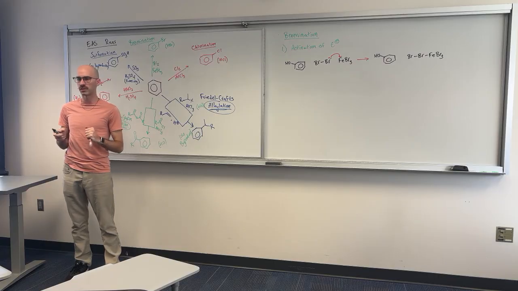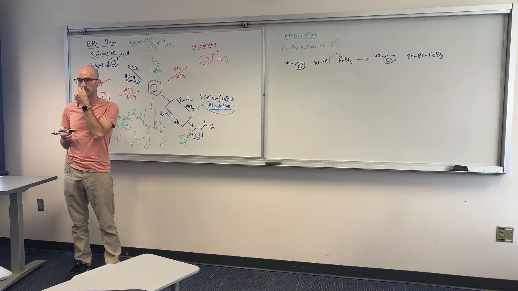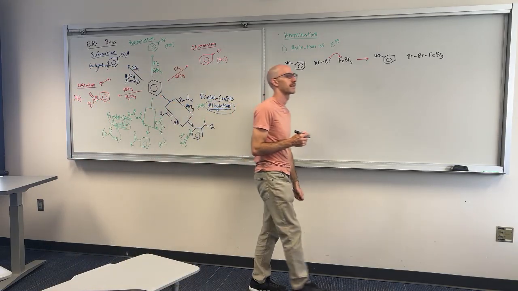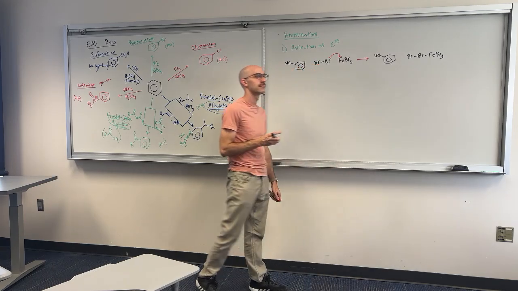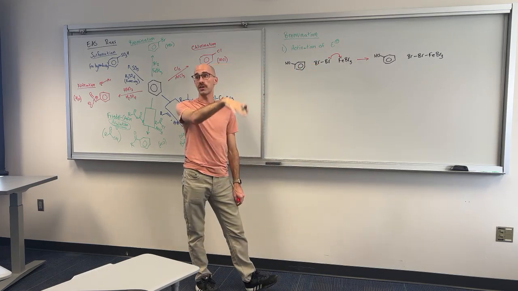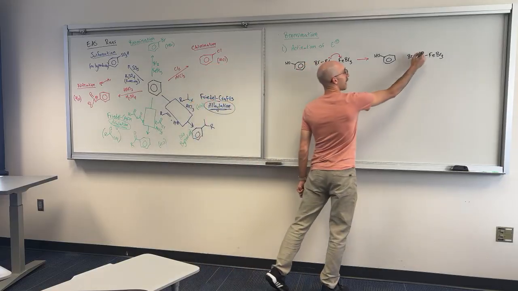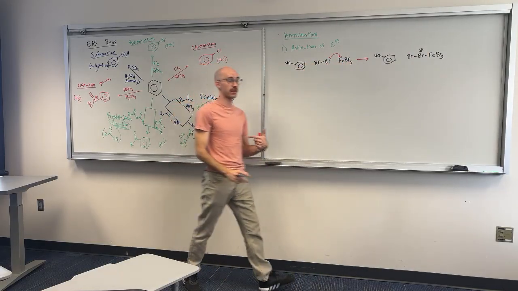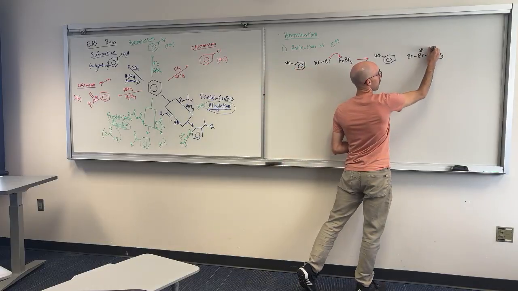What charges do you expect to see now? Positive where? On the bromine. Bromine shared electrons. Now it has fewer electrons of its own. Iron accepted electrons. Now it has more electrons of its own.